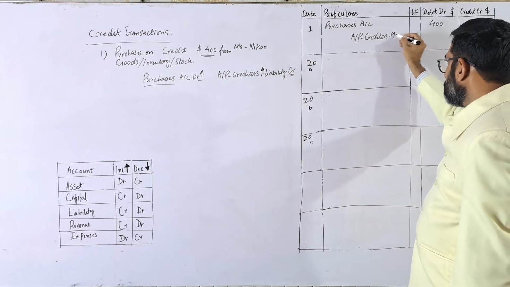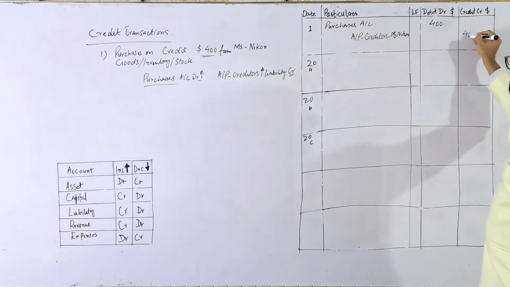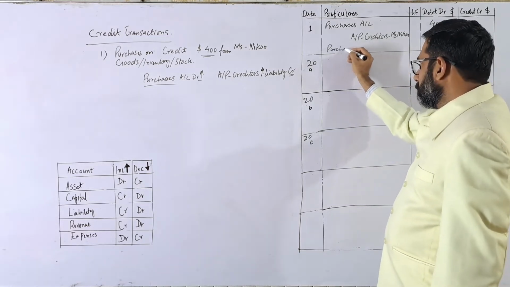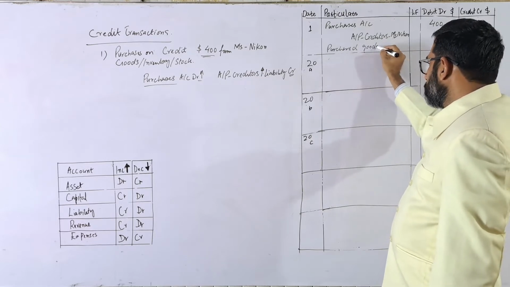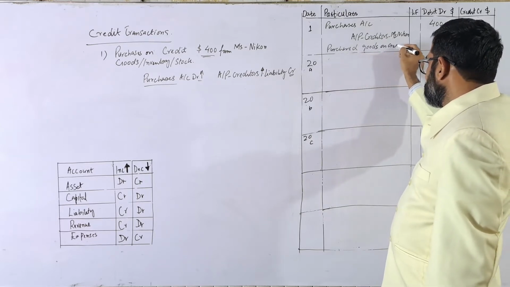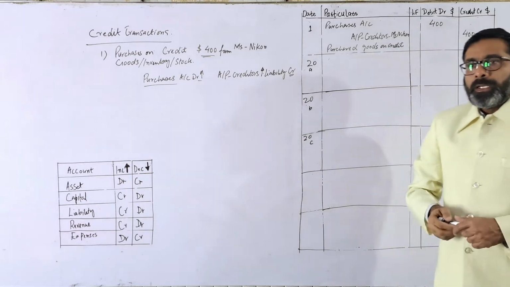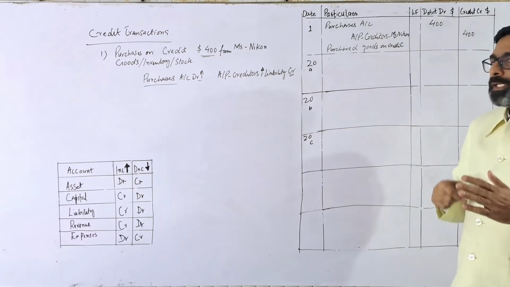Nikon, $400. So purchased goods on credit.